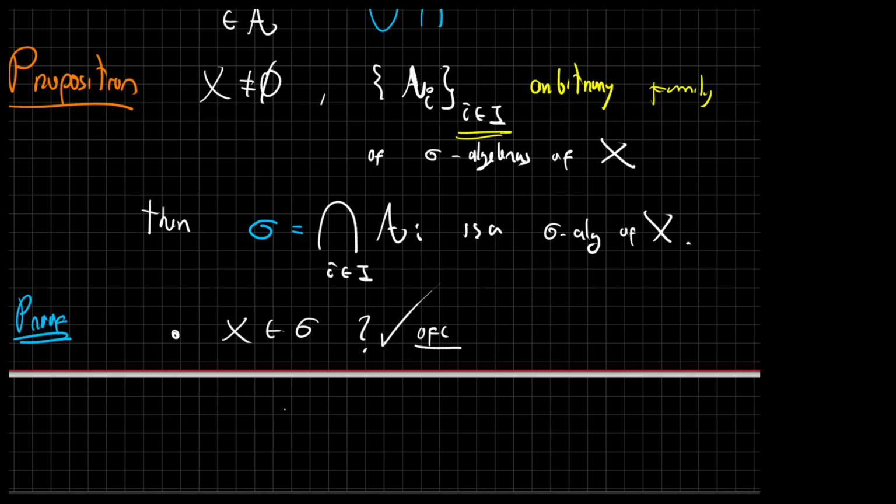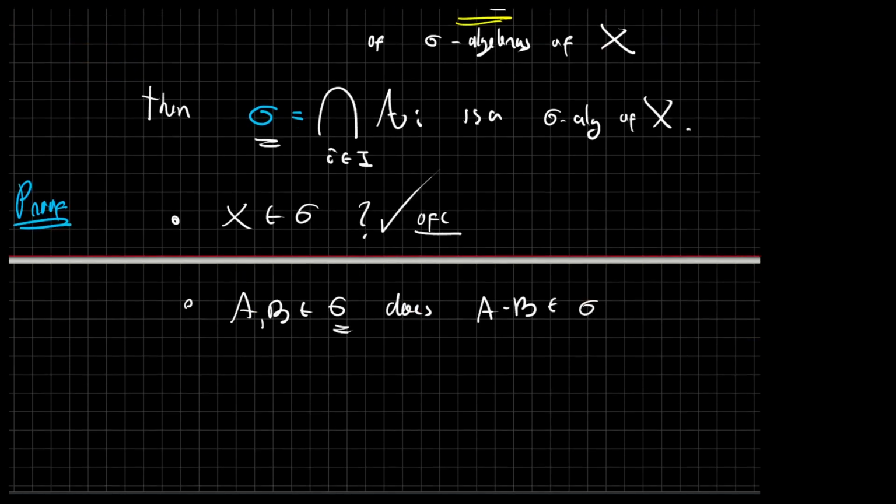The second property, let's say we have some pair of sets in the set. Thus A minus B is still in this set.